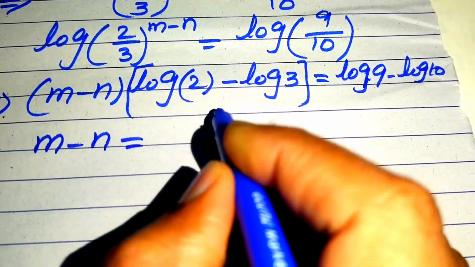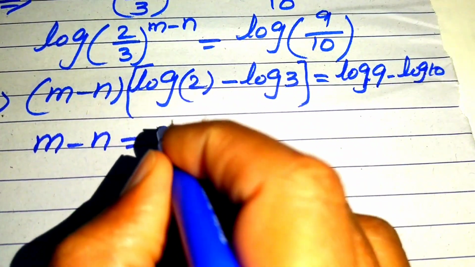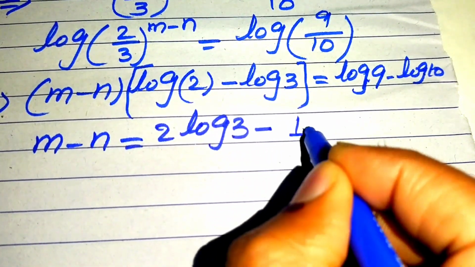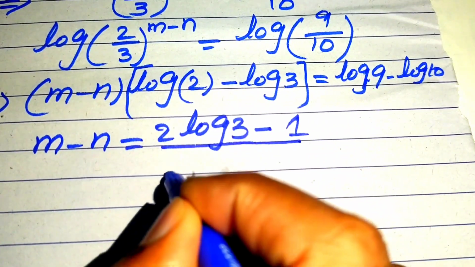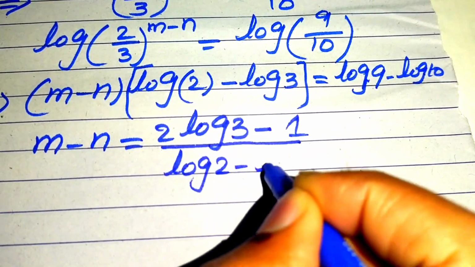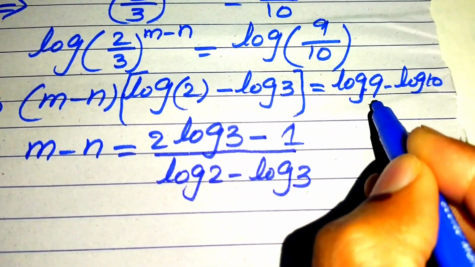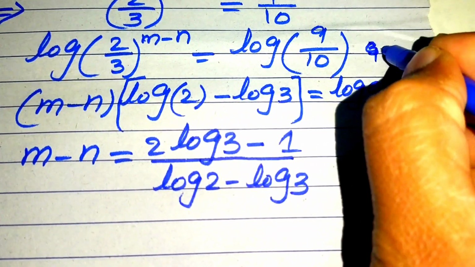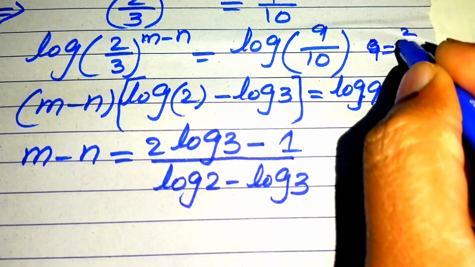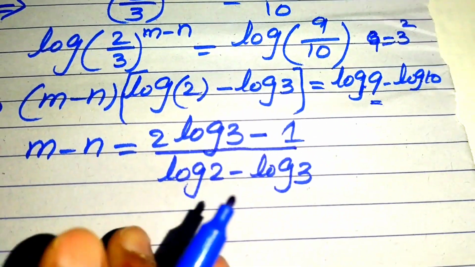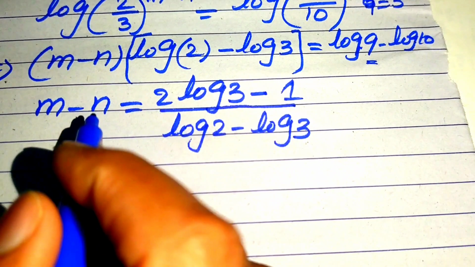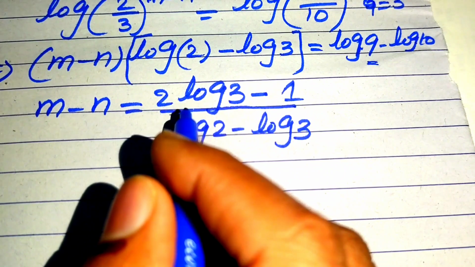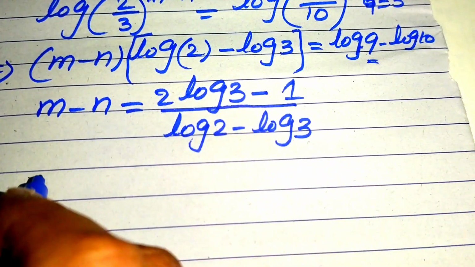So here we move this log term to the right hand side and we get m minus n equals log 9, which we write as 2 times log 3, minus, we know that log 10 equals 1, and it is divided by log 2 minus log 3. Here you use the property of log, because we know that 9 equals 3 squared. So when you take log on both sides, the exponent comes in front of the log and you get 2 times log 3. Here we just use the calculator and we can easily find the values of all these logs.